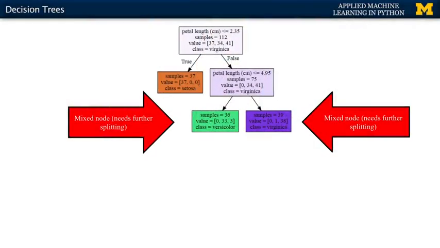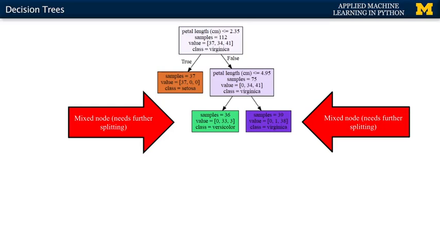We can continue this process recursively until we're left with leaves in the decision tree that all have the same, or at least a predominant majority of a target value. Trees whose leaf nodes each have all the same target value are called pure, as opposed to mixed, where the leaf nodes are allowed to contain at least some mixture of the classes.